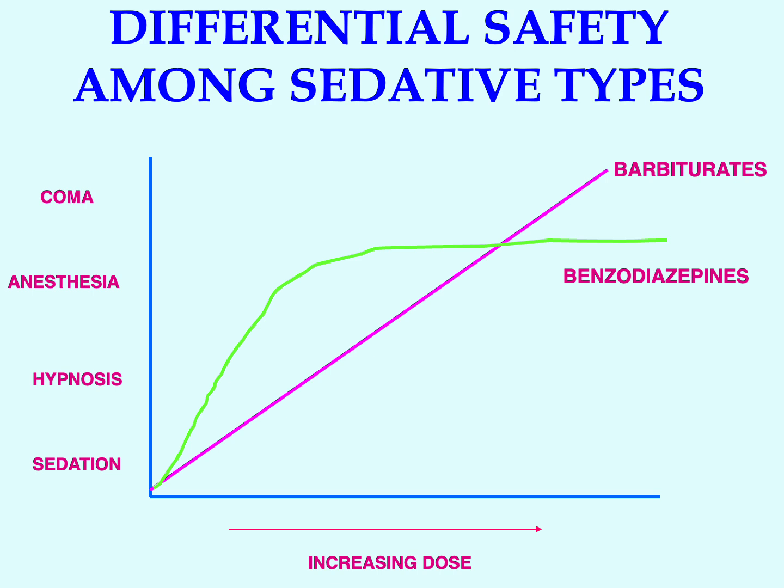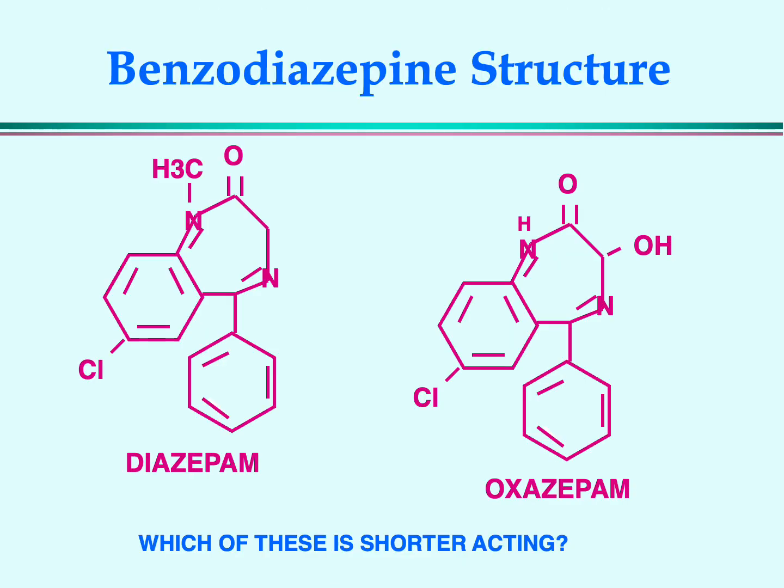One, in terms of rapidity of action, and two is length of action. In terms of rapidity of action, I think you probably know that the ones that are more hydrophobic or less charged, or lipophilic, would get in the brain faster and would have a much faster mechanism of action. So the next slide shows a comparison of two benzodiazepines.